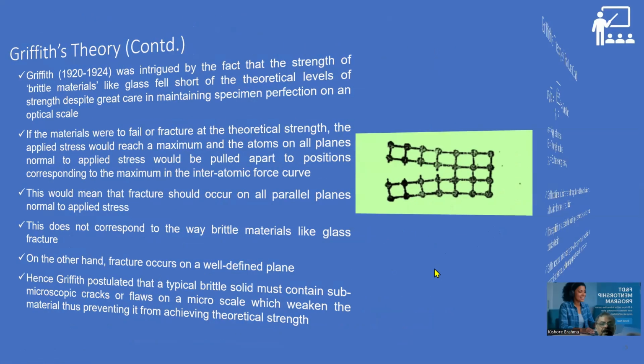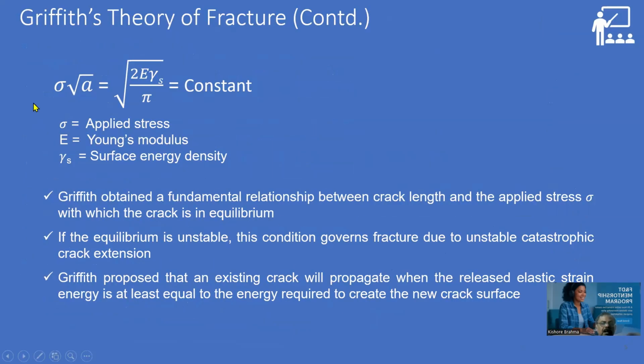On the basis of his study, he came out with a relationship between the applied stress and the square root of damage as a constant, given by sigma root a equal to square root of 2 E gamma s by pi, where sigma is the applied stress, E is the Young's modulus, and gamma s is the surface energy density. Obviously, if the damage is small, we need a larger stress to fail it, and if the damage is more, you need a smaller stress to fail.